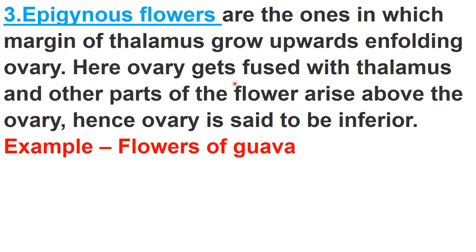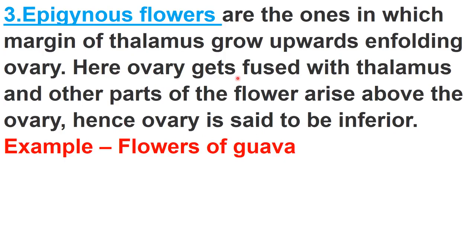So when the thalamus is enclosing the ovary, it gets fused with the thalamus, and the other parts of the flower like androecium, sepals, petals, these will arise above the ovary, okay. Ovary is completely enclosed inside the thalamus, and then on the upper part of the thalamus, like you can say above the ovary, all other parts will arise, right?